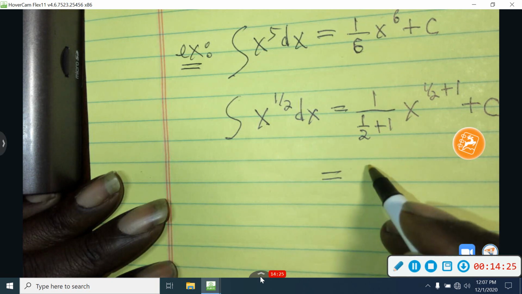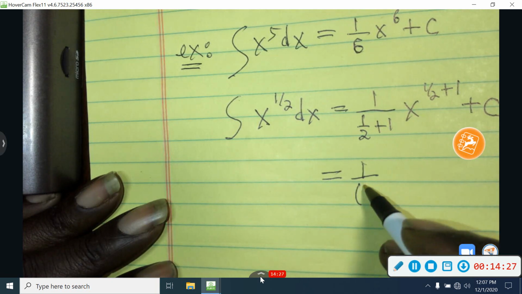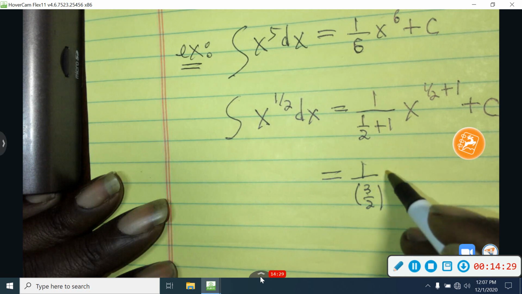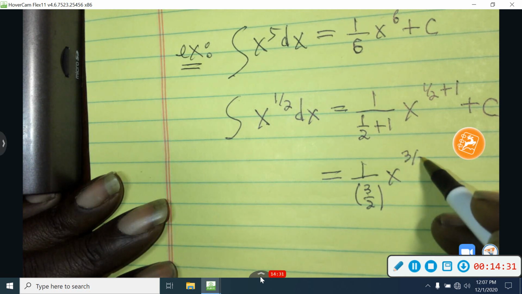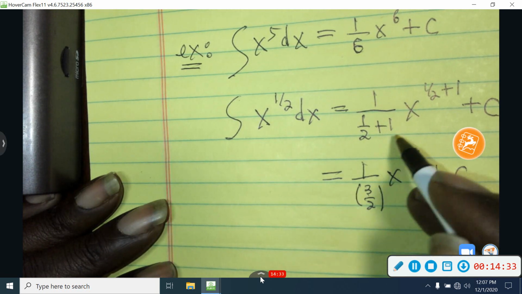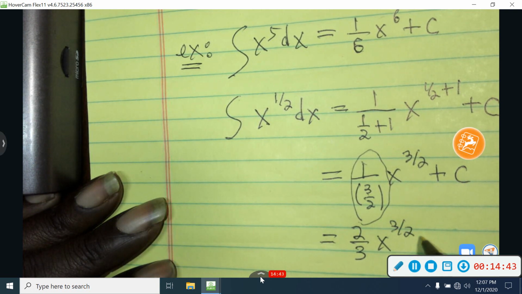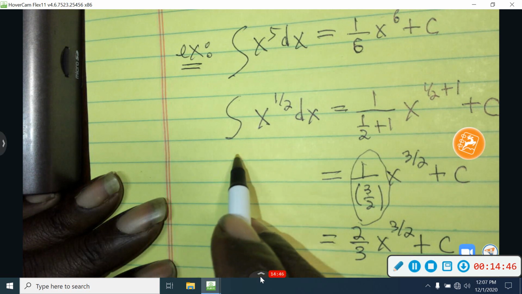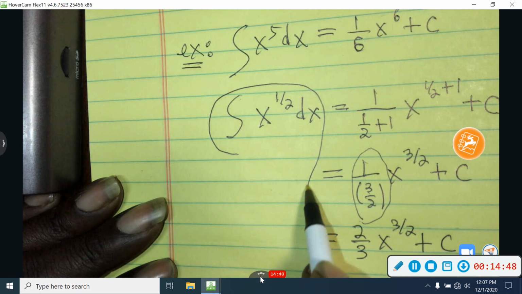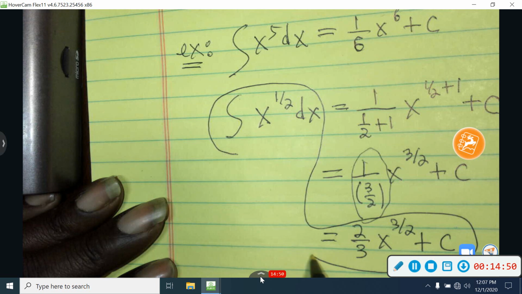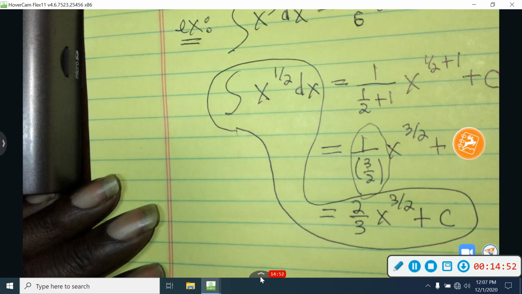Now let's clean that up. That's 1 over 3/2 x to the 3/2 plus a constant, because 1 1/2 is 3/2. And now 1 over a fraction flips it, so it's really 2/3 x to the 3/2 plus a constant. And there you have it.